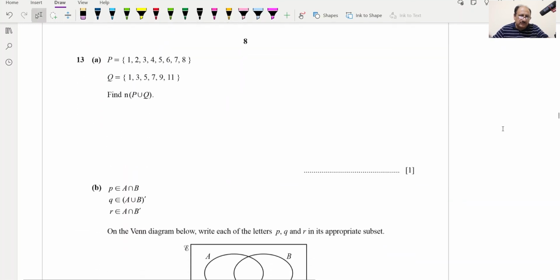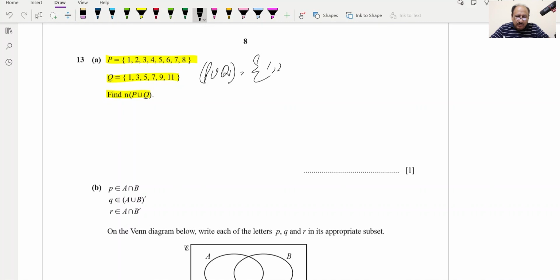Question number 13, sets p is given, q is given, and we have to find n of p union q. So first of all we can write p union q, so p union q will be equal to, we will have to write down all the members of p and q with avoiding duplication.